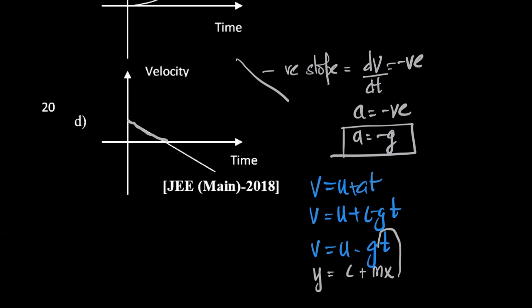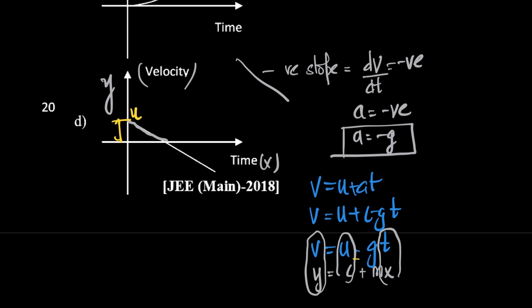So x is time here, y is velocity here, in which case what is c? C is the initial velocity, which is the intercept. So this much distance is the initial velocity. Yes, it is u. And what is the slope? The slope is minus g. The slope of the tangent is minus g. It resonates with the given graph, and therefore option D is also correct.